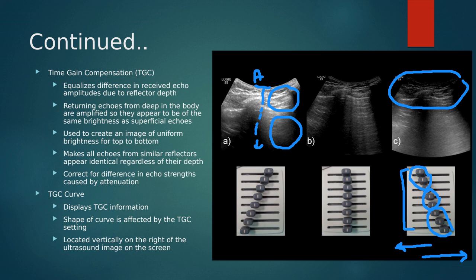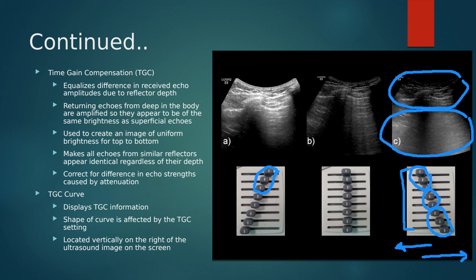Using that same concept, now we look at the picture to the left, picture A. We still have a curve for our TGC, but our knobs on the top part, our anterior knobs, are moving to the right, and our posterior knobs are moving to the left.